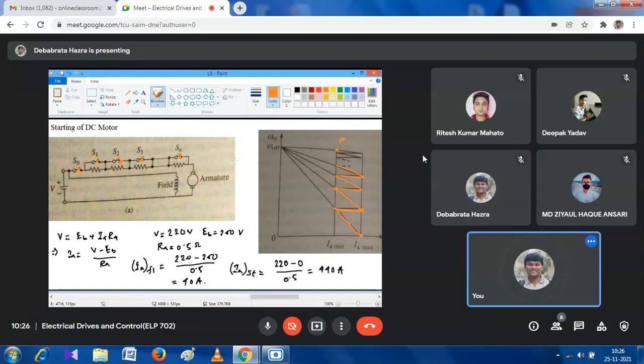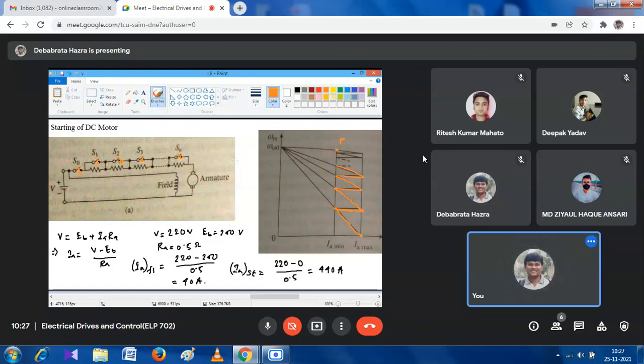When the motor started, at that time the value of the armature current is Ia max. This is the maximum permissible value of armature current, and at that time the torque will be generated on the armature.